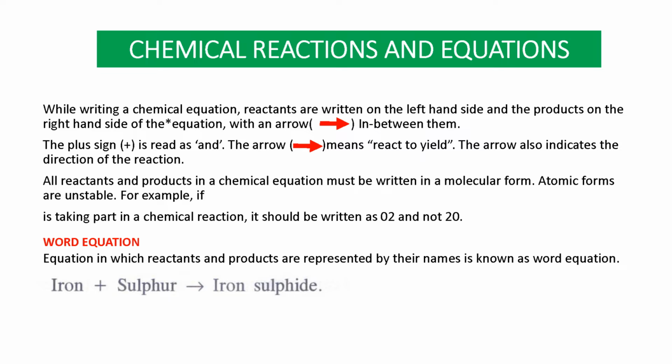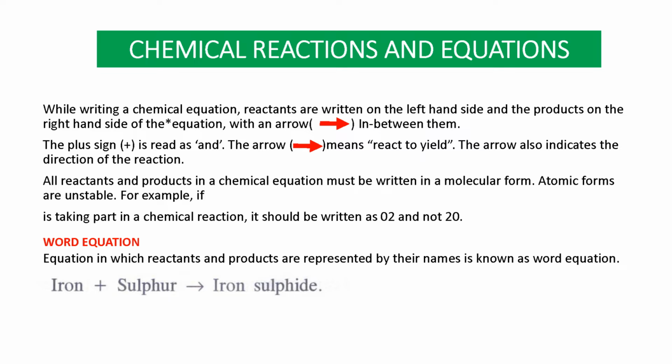Then we come to the word equation. I told you in the previous slide what a word equation is. When we write the names of the elements in an equation, it becomes a word equation. So here is the definition: an equation in which reactants and products are represented by their names is known as a word equation.